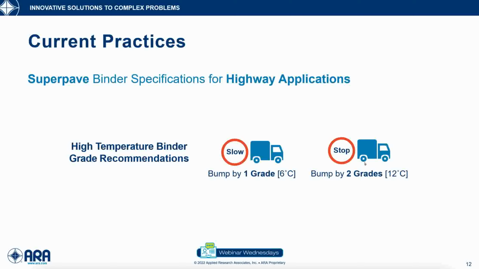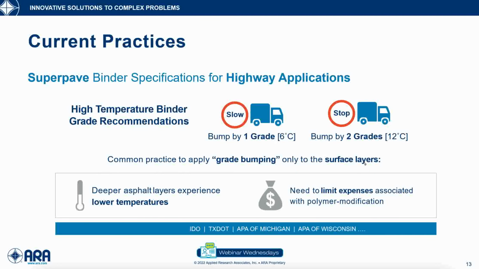So the binder has to be stiff enough to take that extra 6 degrees Celsius. If you have stopping traffic, you need to bump the performance grade of the binder by 2 grades, by 12 degrees Celsius.